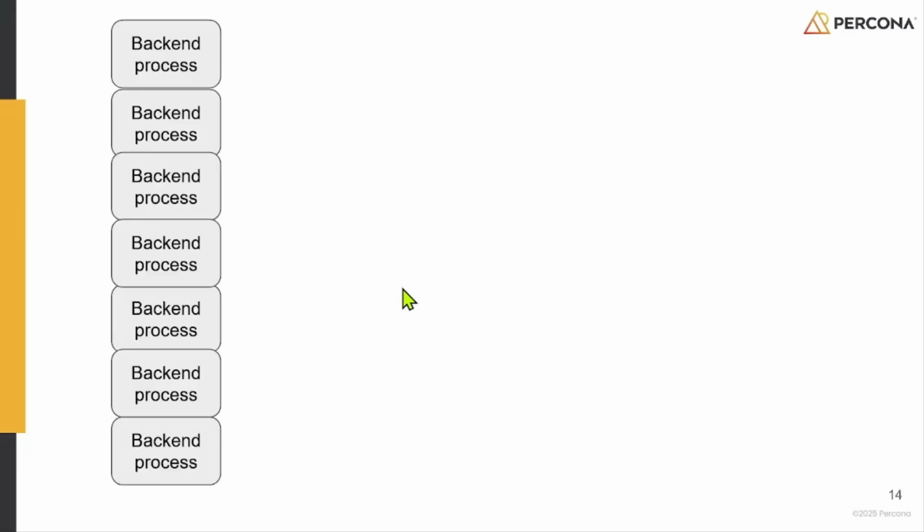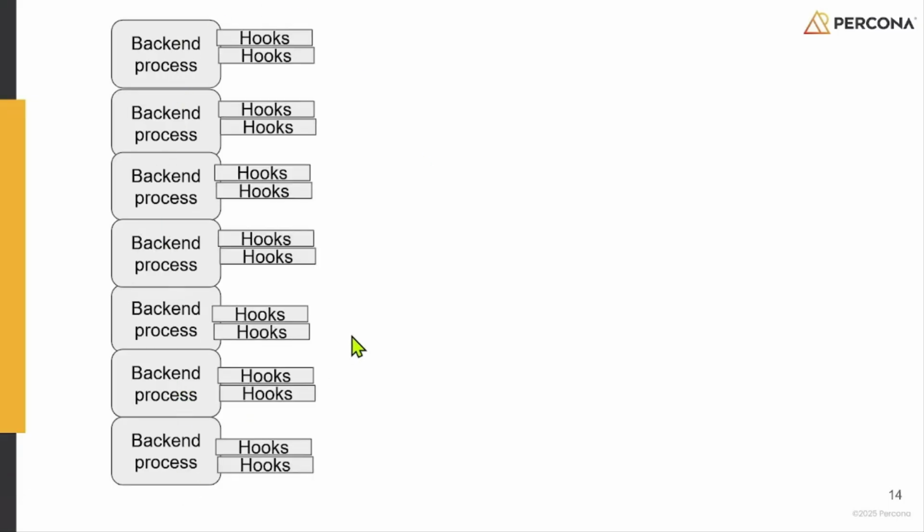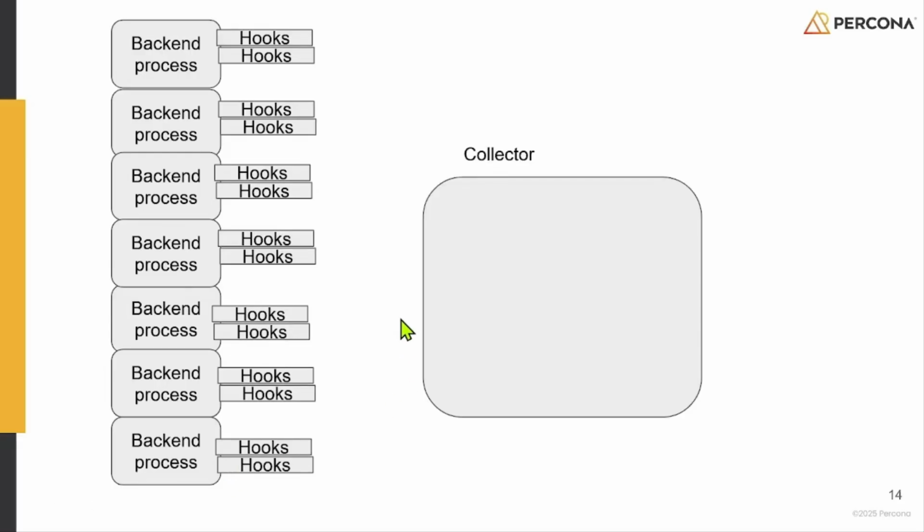And here is the overall high-level architecture. The backend processes will be there in Postgres, and the hooks will be added to all the backend processes, and the extension will create a separate collector process. The collector will have a ring buffer for the history information and a hash table for the profile information.